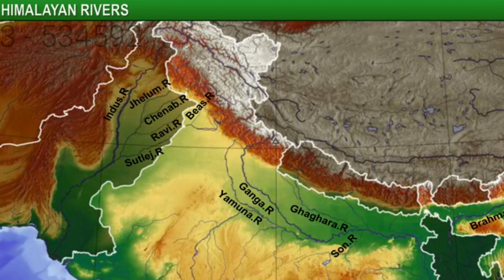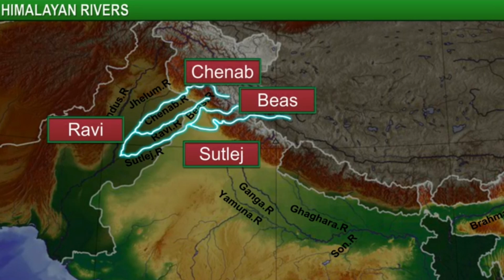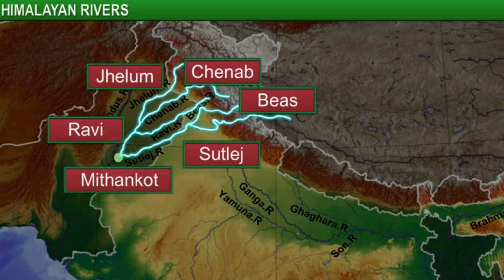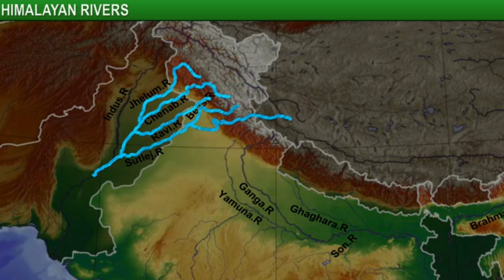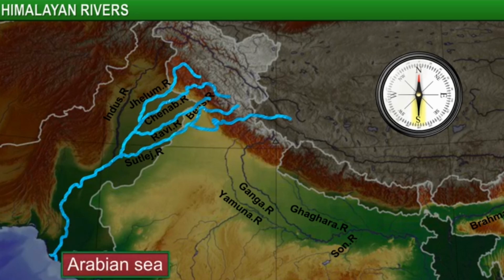The main tributaries like the Sutlej, the Beas, the Ravi, the Chenab, and the Jhelum join the Indus at Mithankot in Pakistan. The confluence of these rivers now flows further south and drains into the Arabian Sea, eastwards from Karachi city.